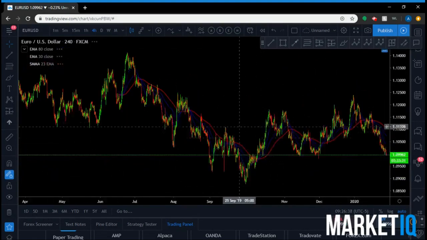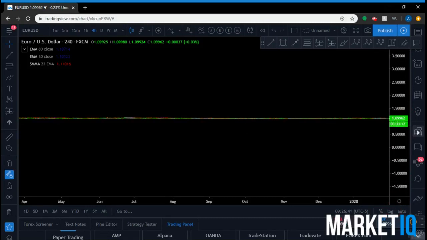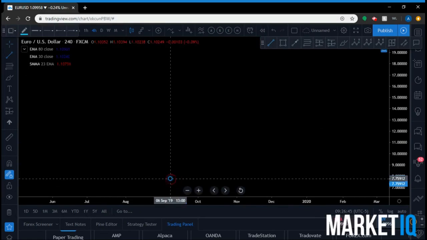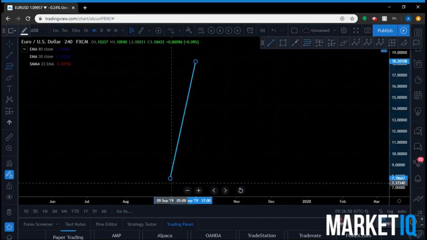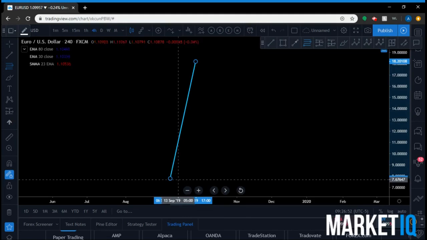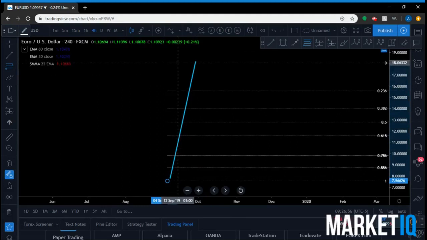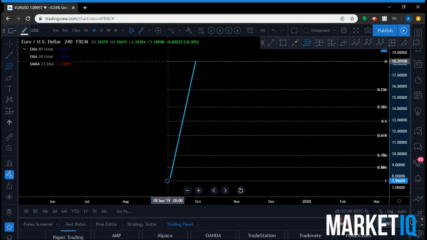So after you get an impulse, let me give you a manual drawing here. After you get an impulse, and you're waiting for the correction so that you can enter on the continuation, you pull your Fibonacci from the swing low to the swing high, or vice versa, whichever way the market is going.